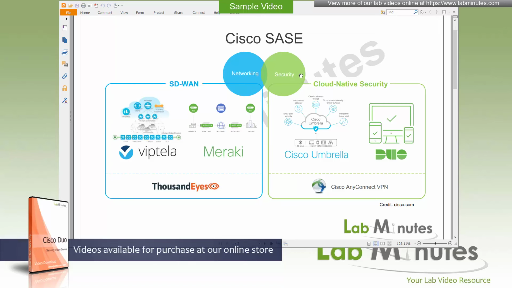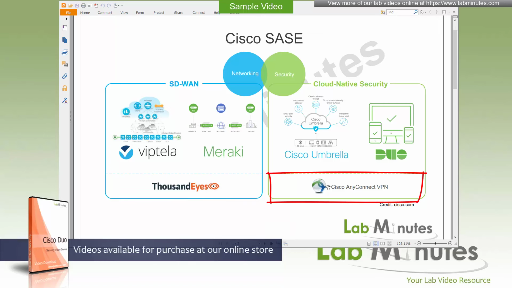For the security half, you have the Cisco Umbrella that offers secure web gateway, cloud access security broker, and cloud-based firewall, and Cisco Duo that fulfills the zero trust network access.